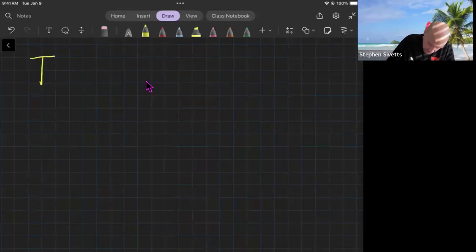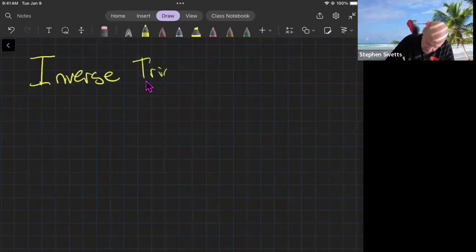What I want to talk about next are the inverse trig functions.